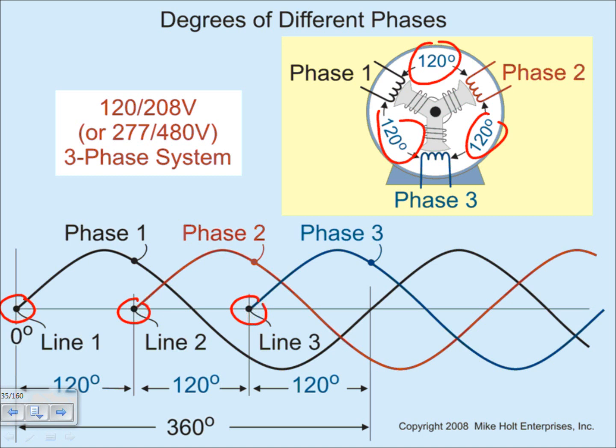If you take the voltage V1 at 0 degree plus V2 at 120 degree plus V3, that's 120 plus 120, 240 degrees.